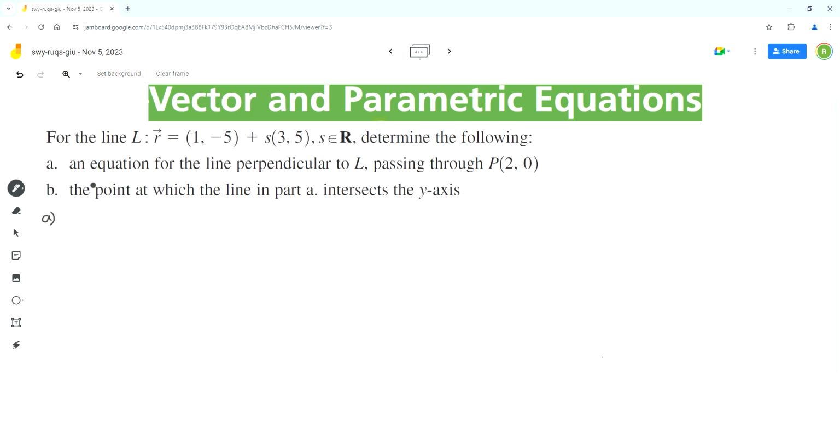We have to determine an equation for the line perpendicular to the given line L passing through point P. The first step is to write the general equation of a line in vector form.